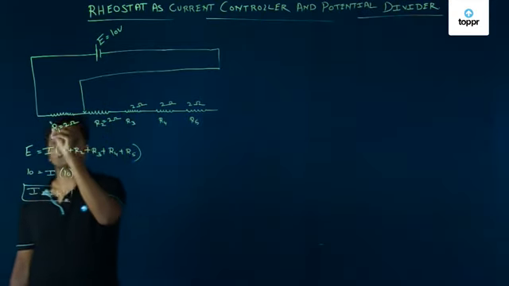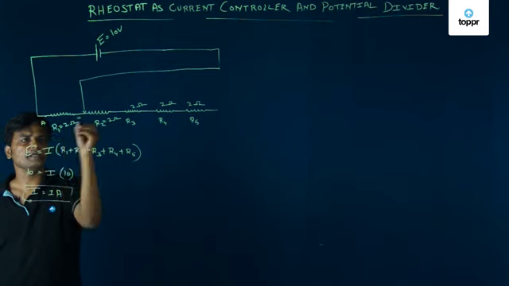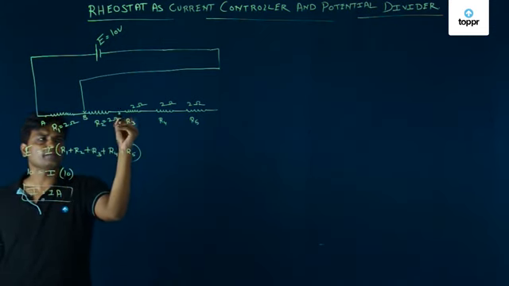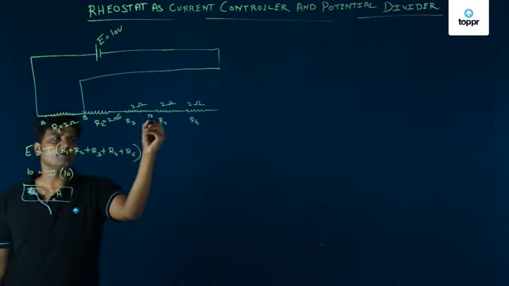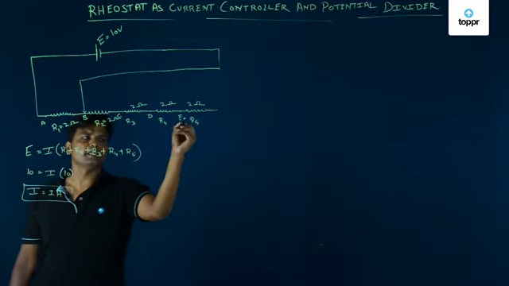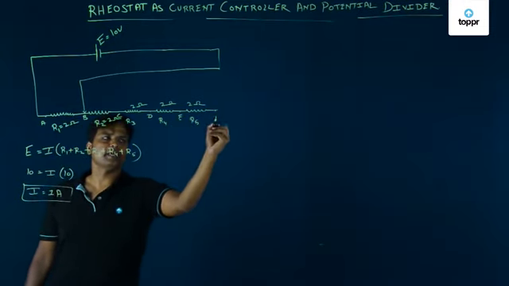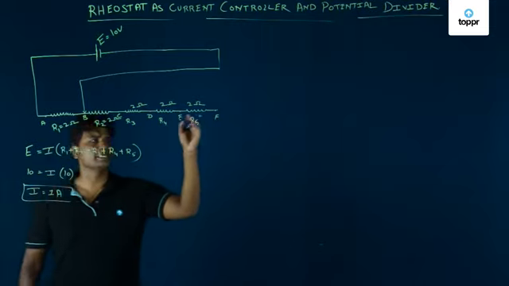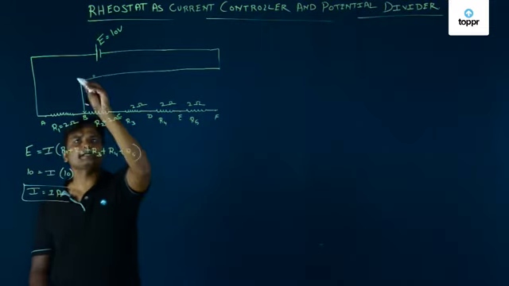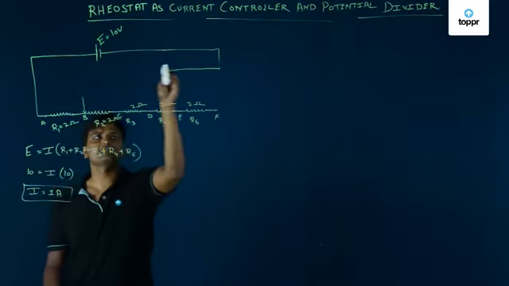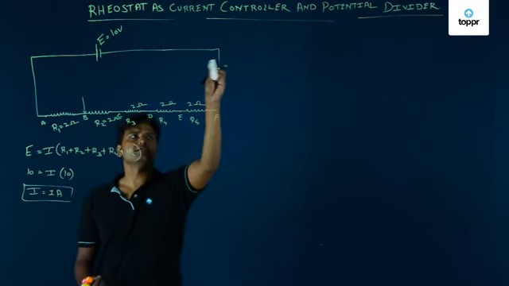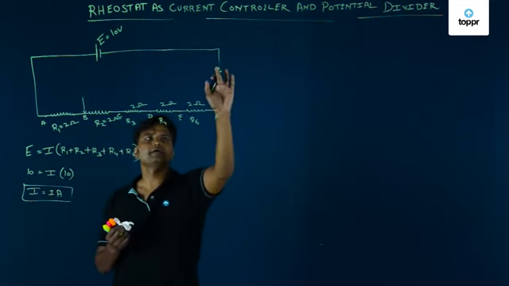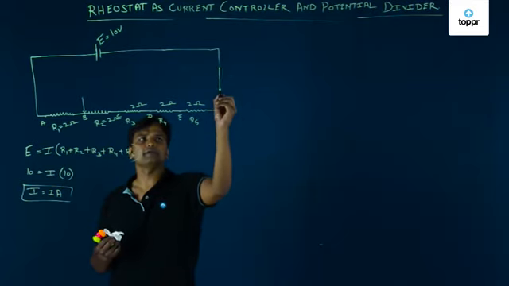Let me name the points. This is point A, point B, point C, point D, point E, and point F. So what I have done, I have disconnected the wire and connected the same wire at this particular point, right? At this point.